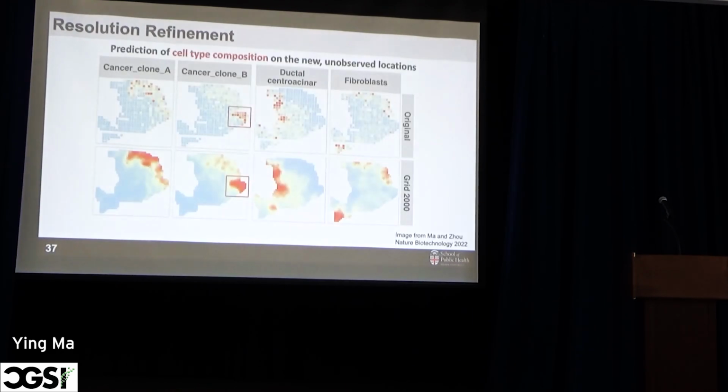By doing this, we can impute the newly generated locations not measured by the original technology to give you a high resolution map. On the high resolution map, we show a stronger pattern in these cancer clone B cells, and we can also see a clear boundary between the tumor core region and the tumor adjacent regions.